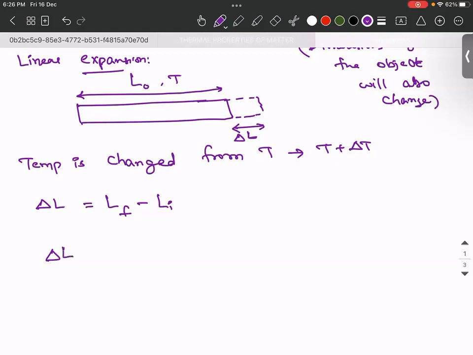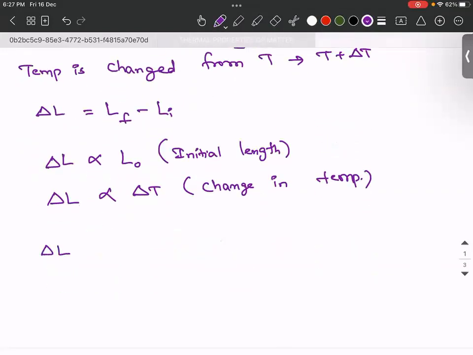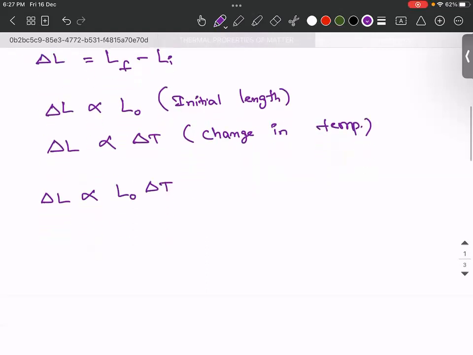So delta L is observed to be directly proportional to the initial length. Okay. Similarly, delta L is observed to be directly proportional to the change in temperature. So delta L is directly proportional to L naught into delta T. Then this delta L, see, proportionality symbol, I'm using it slightly curved like this.